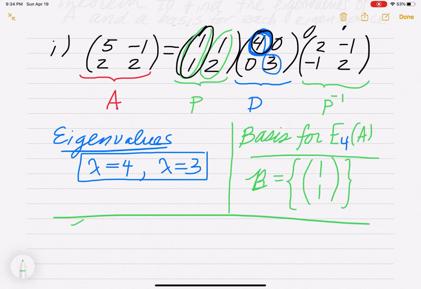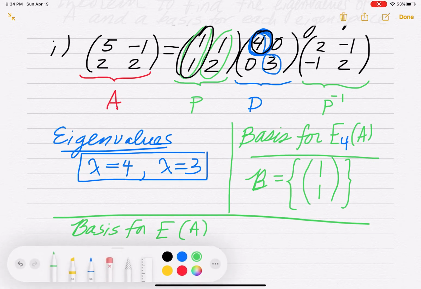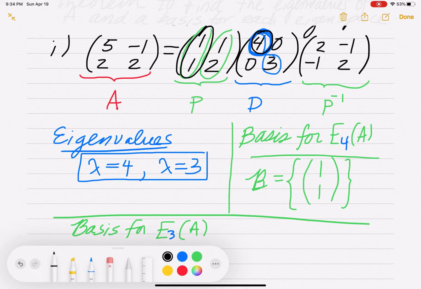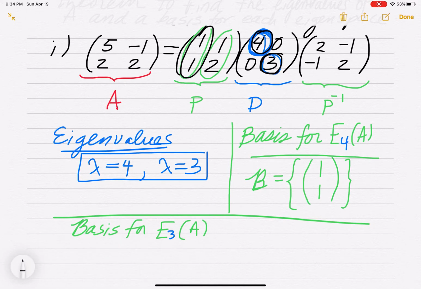You're going to have a basis for the eigenspace of A associated with 3. So notice that 3 was your second eigenvalue, right? It was the second diagonal entry. So you're going to take your second column, 1, 2, and that'll be a basis for the eigenspace of A associated with 3.